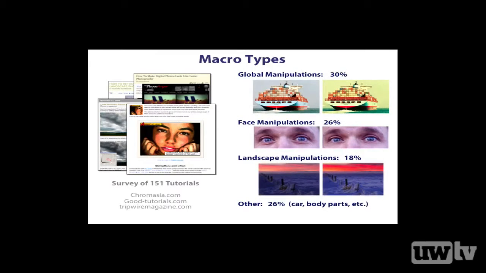We found that 30% of these tutorials describe global manipulations that are designed to operate on the entire image. 26% focus on faces, 18% on landscapes, and the remaining 26% are about a much wider variety of elements. So in this work, we are focused on the first 3 classes of photo manipulation tutorials. These make up 74% of the manipulations that people commonly perform.